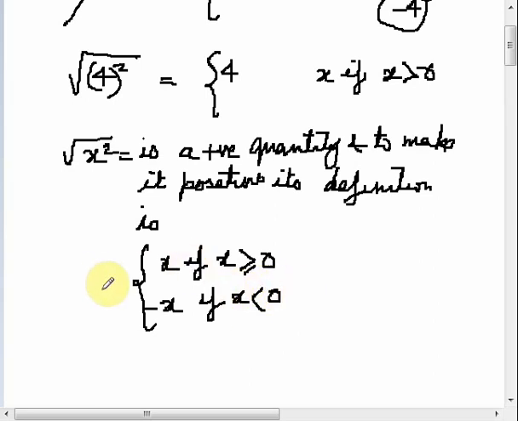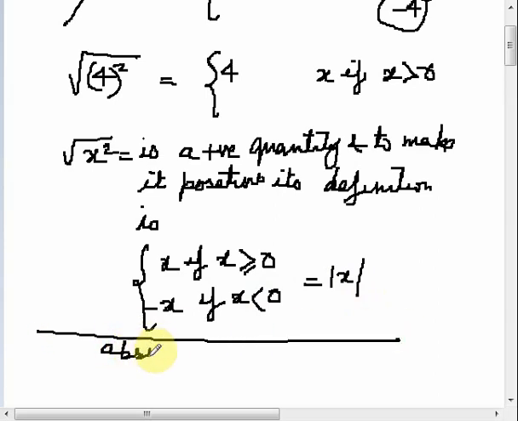This is also the same definition of mod x. I will explain what the absolute value function is. Don't worry.